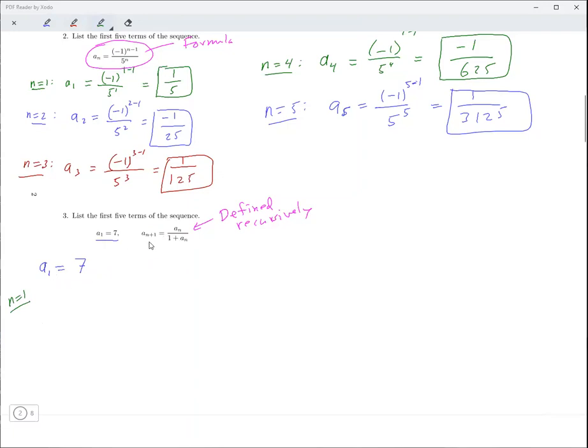So in this formula right here, when n is 1, you have a sub 1 plus 1. That's going to be a sub 2. It's going to be a sub 1 over 1 plus a sub 1. So a sub 2 is going to be, and then a sub 1 is 7, so it's 7 over 1 plus 7. That's going to be 7 over 8. Okay. So a sub 2 is 7/8.